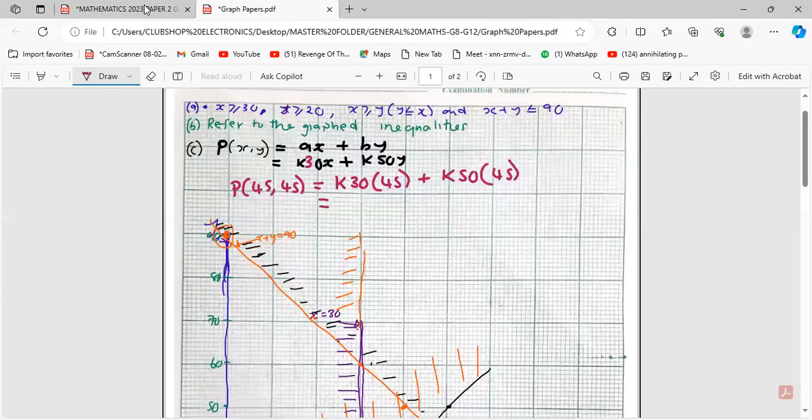So you work out this. Now, what do you get? You can multiply. You can even use your calculator because it's not on paper too.